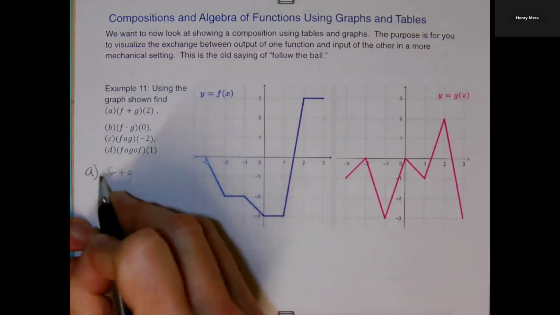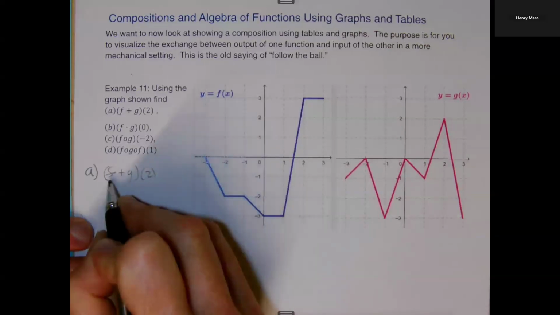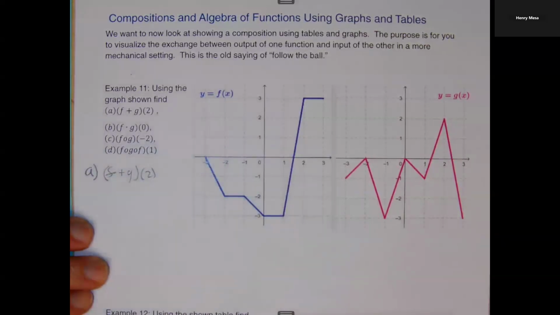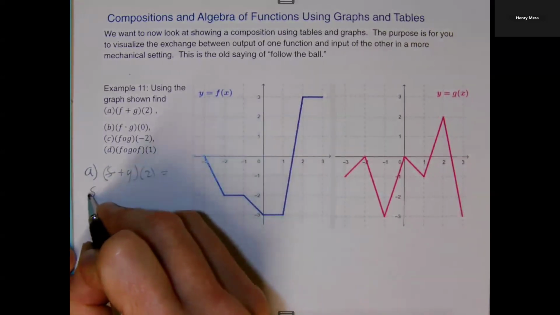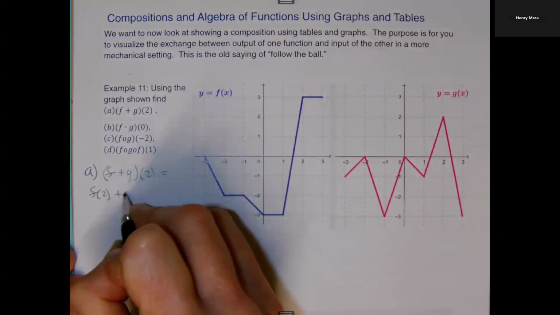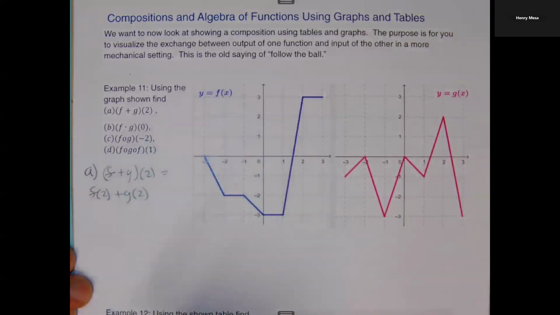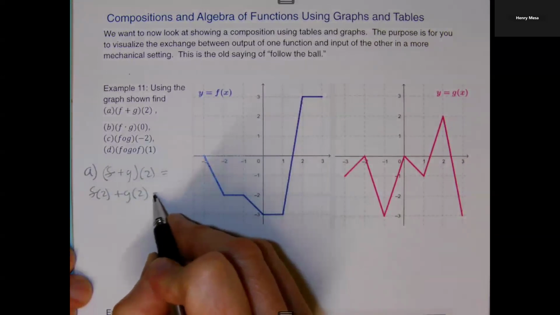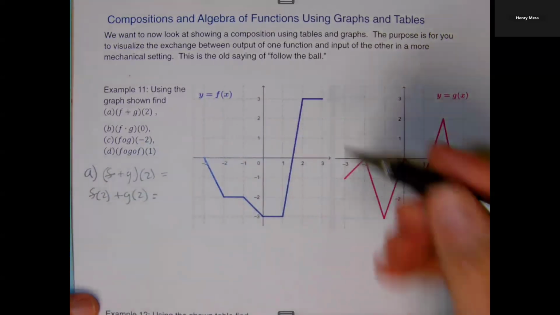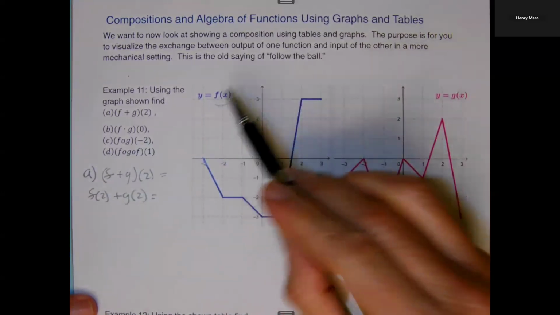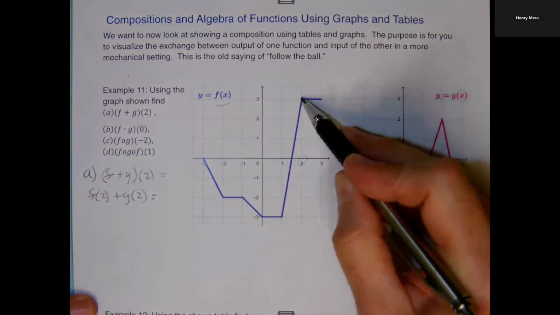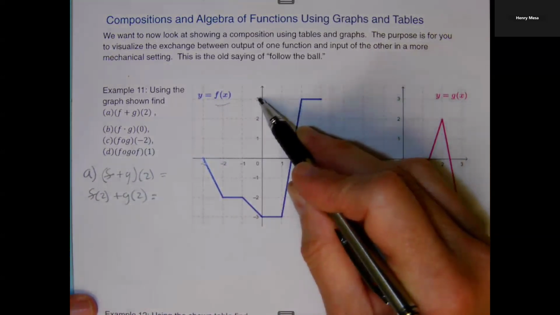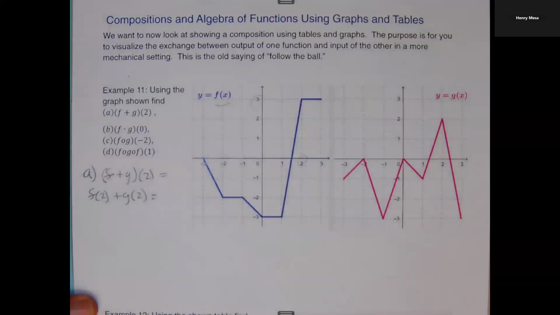So if I want to compute what f plus g of 2 is, remind ourselves that I'm just adding the two functions, and I'm going to write the two results, f of 2 and g of 2. Follow the graph of f: here's 2, follow it up, it hits the graph, turn 90 degrees, and look at the y output.